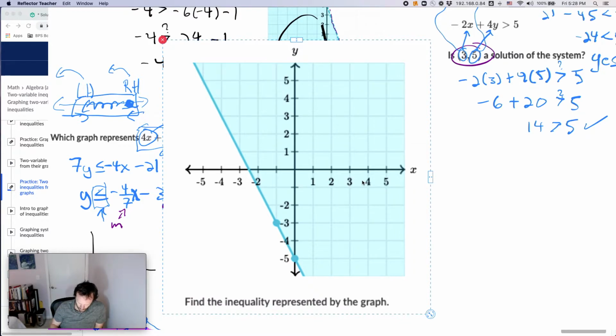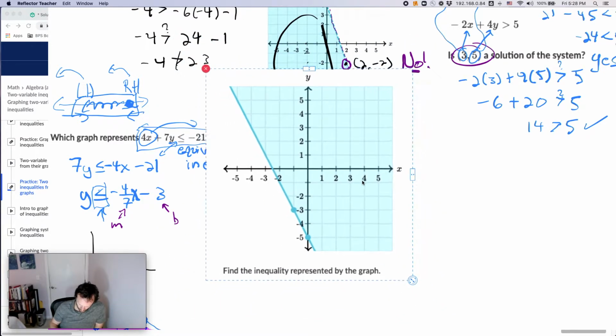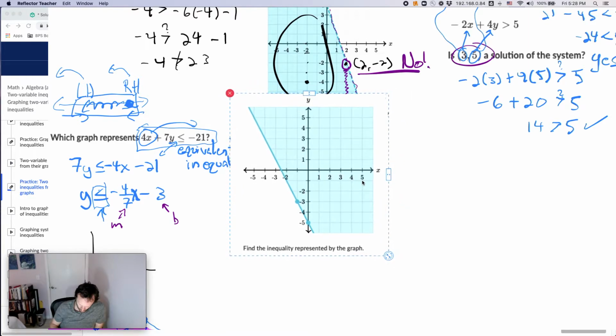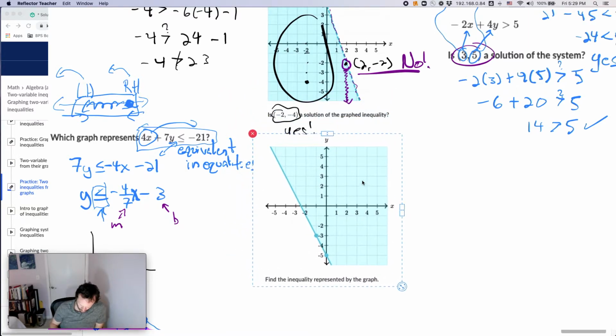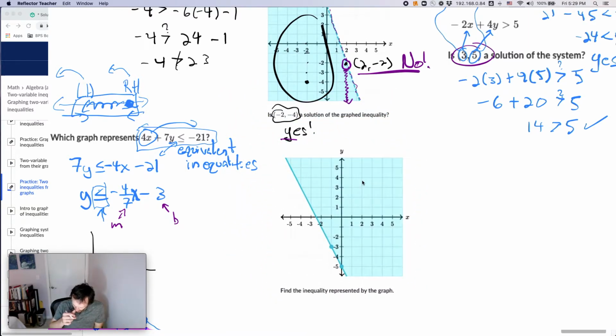This one's too big. Find the inequality represented by the graph. We can start by writing the equation of the line.